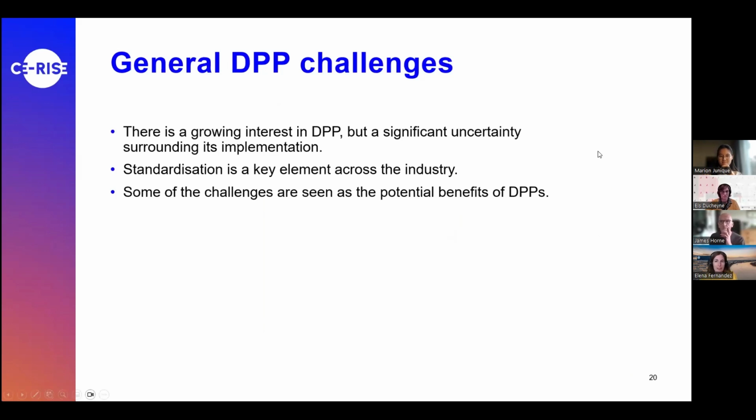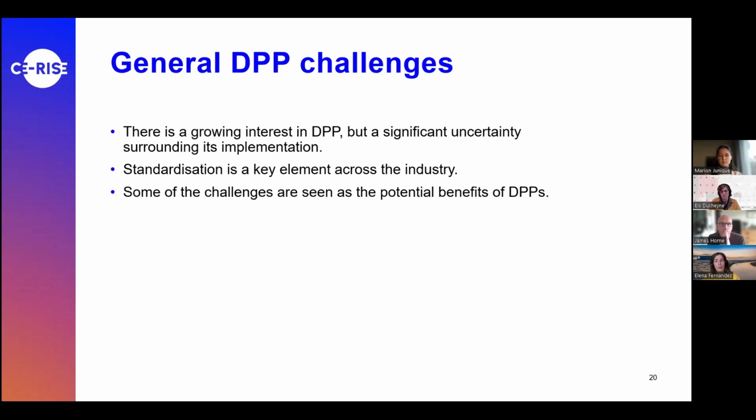So even if there are a number of challenges related to DPP, there is a growing interest in digital product passports. We've seen that standardization is a key element across the industry in different aspects. And also important to say that there are some challenges that are also seen as the potential benefits of digital product passports.